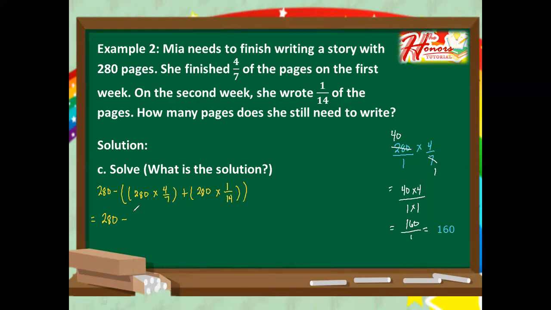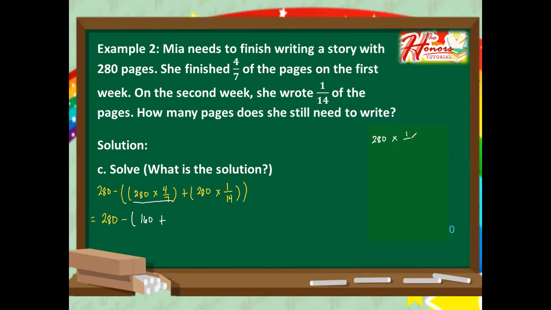So for this part, this is 160 plus. Let's solve for 280 times 1 over 14. Let me just erase the right side of this board for us to continue solving. So we have here 280 times 1 over 14.